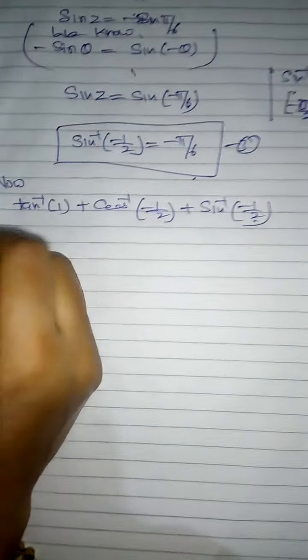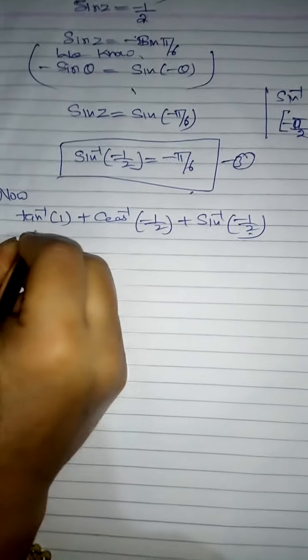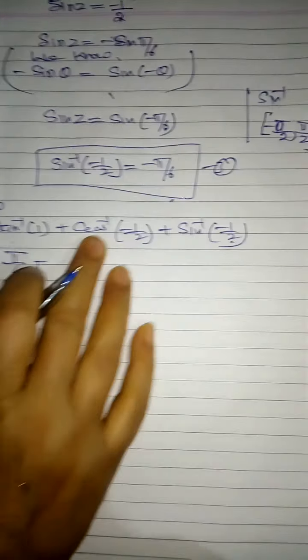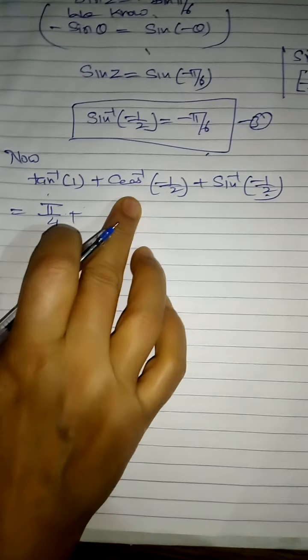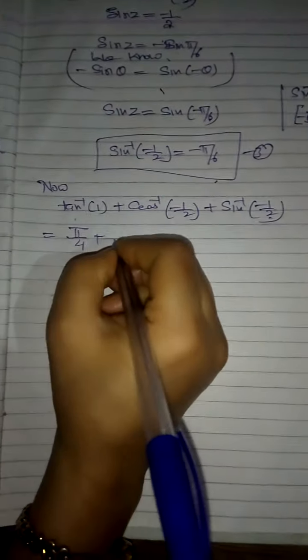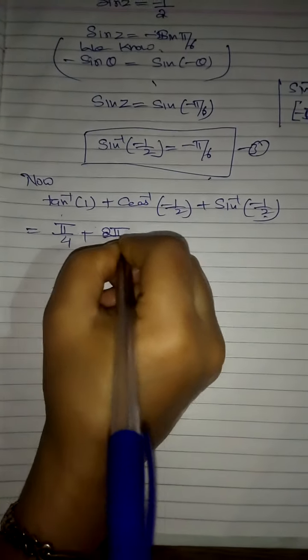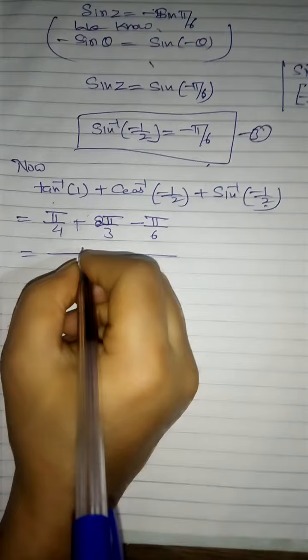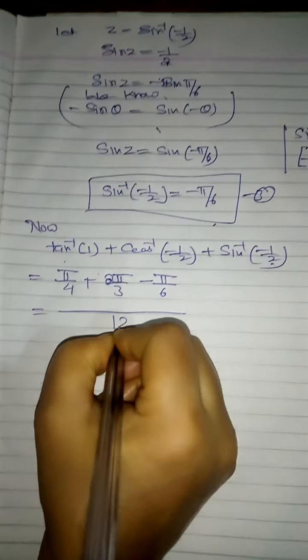The value of tan inverse 1 is pi by 4. Now cos inverse minus 1 by 2 is 2 pi by 3, and then plus minus pi by 6. Now take the LCM. The LCM is 12.